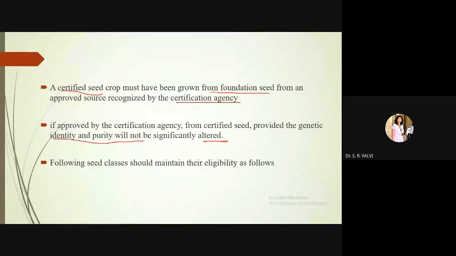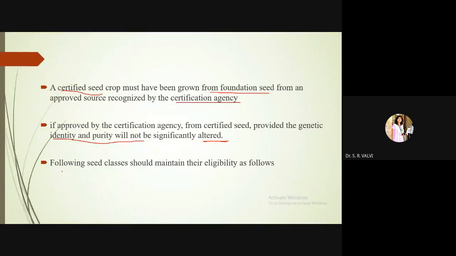Next point, it can also be grown from certified seed approved by a certification agency, provided the genetic identity and purity will not be significantly altered. Means even if this certified seed is approved, its genetic identity and purity should not be altered.